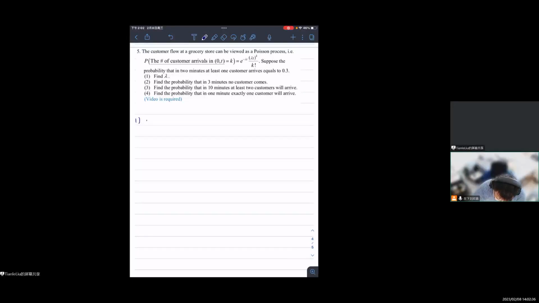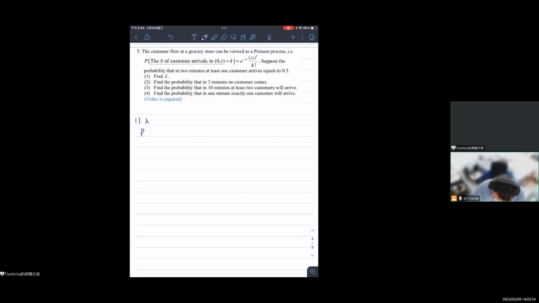find the lambda. For this lambda, we already have that the probability that in 2 minutes at least one customer arrives equals 0.3.